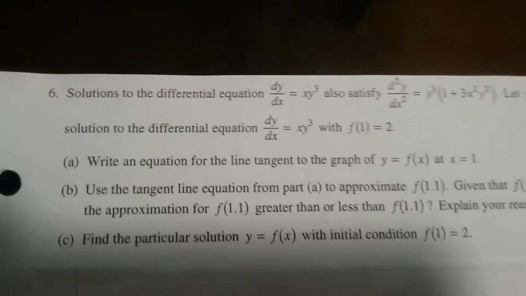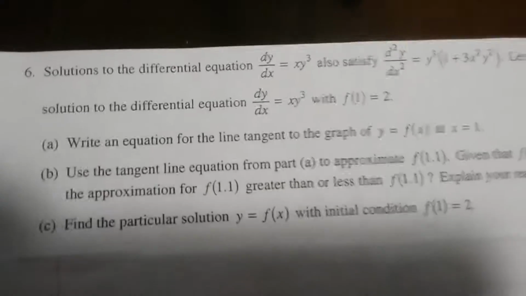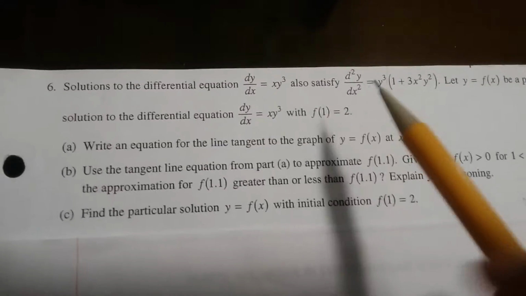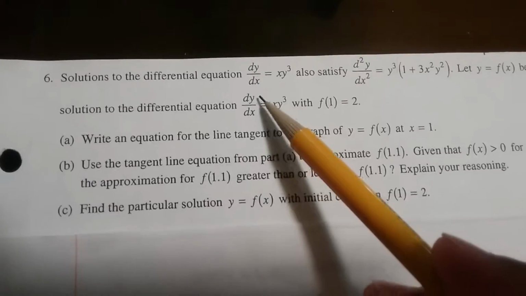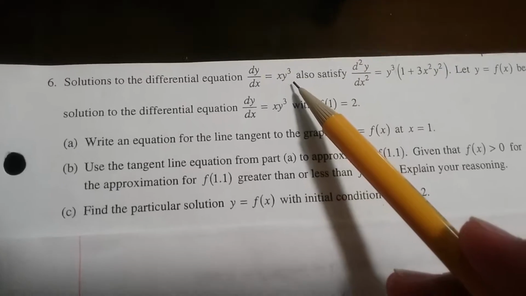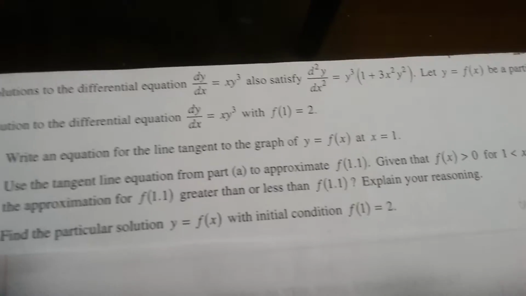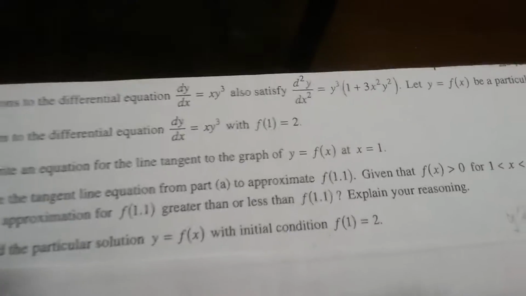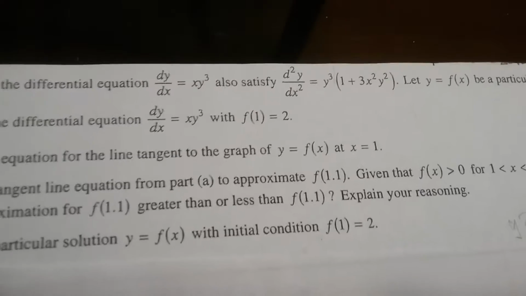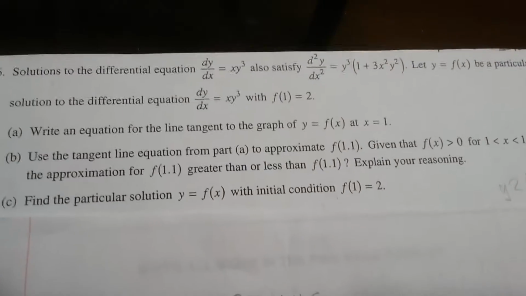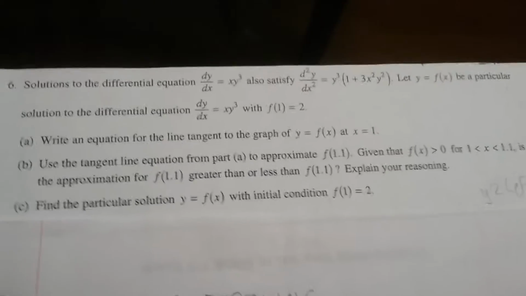So the problem says, as you can see, solutions to the differential equation dy/dx equals xy cubed also satisfy d squared y over dx squared equals y cubed (1 plus 3x squared y squared).